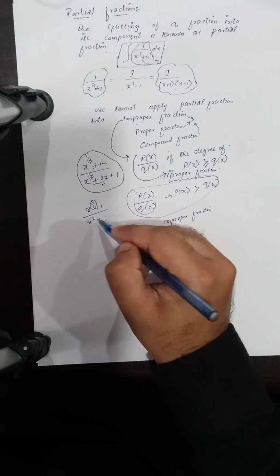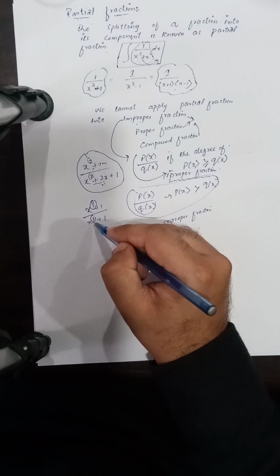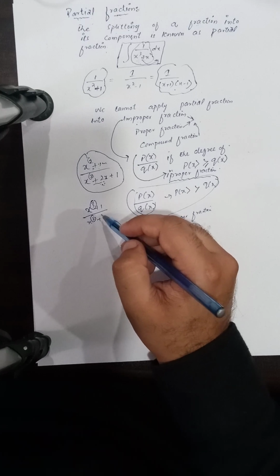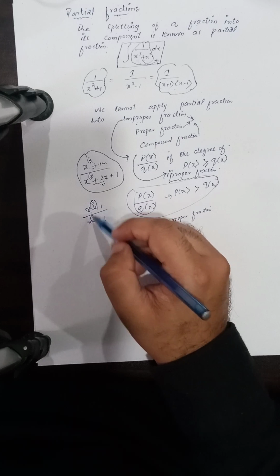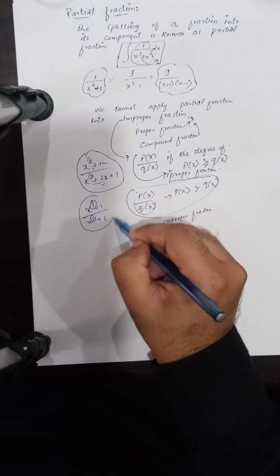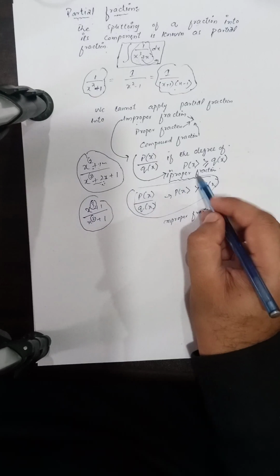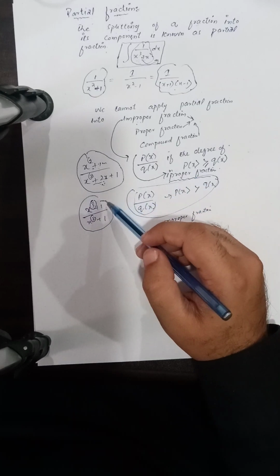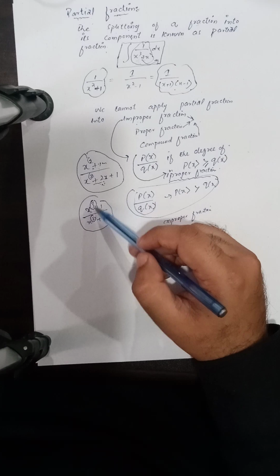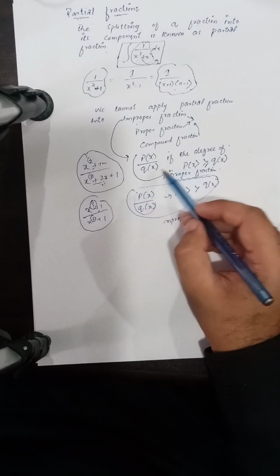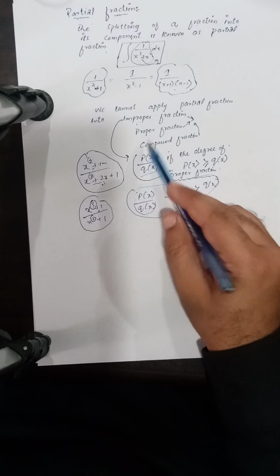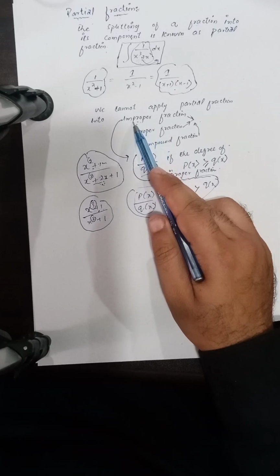The degree of the numerator is greater than the degree of the denominator, so we cannot directly find its partial fraction. First we have to convert this fraction into a proper fraction, then we are eligible to apply partial fraction tools on this function. So this is the definition of improper fraction.